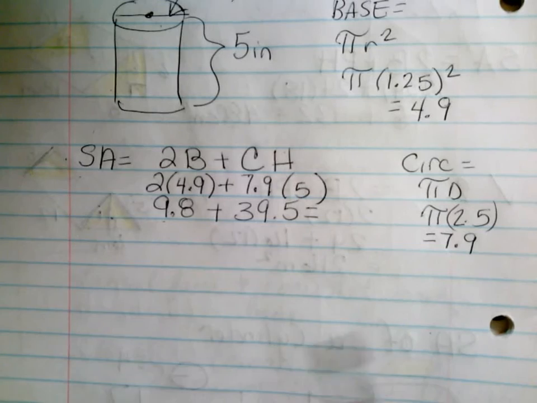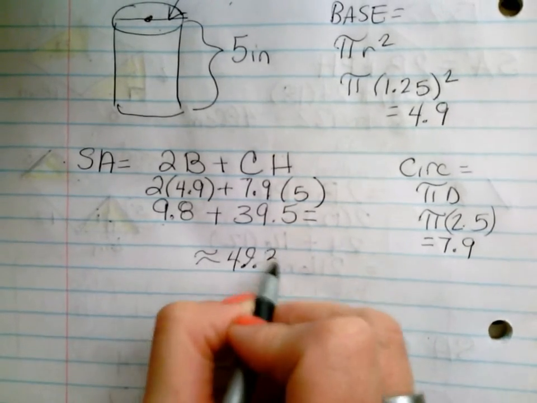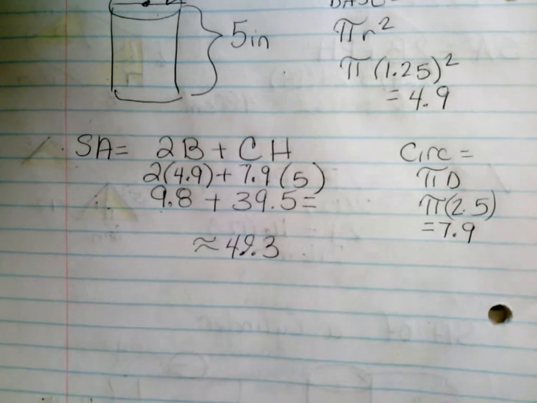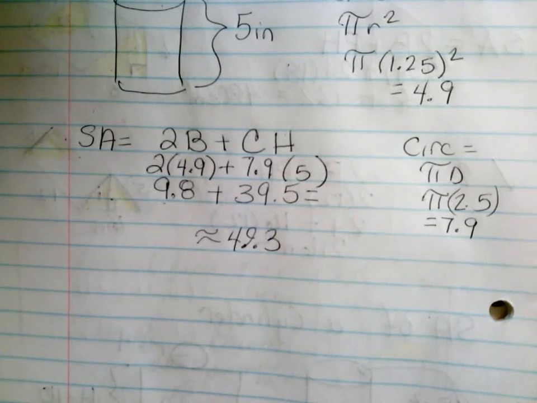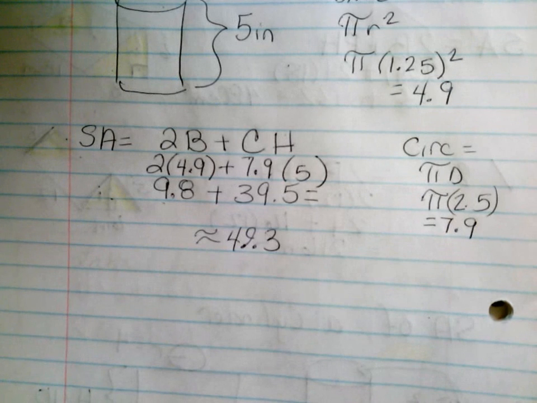I got 49 3/10. They got 49 1/10. Anybody get anything other than that? Like 76 or anything weird? So somewhere in the 49s is what you should have gotten. Okay, I'll give you the rest of this time to get started.